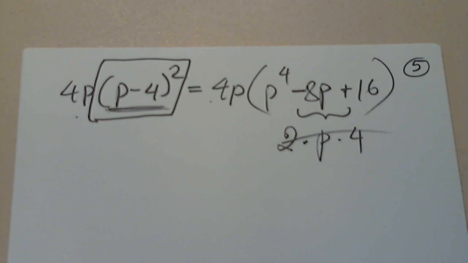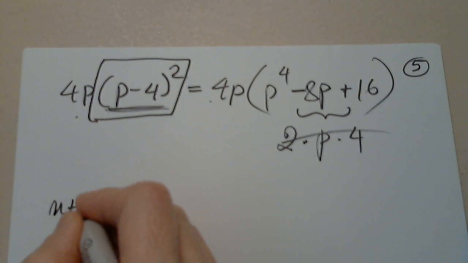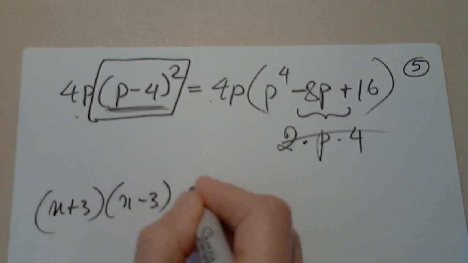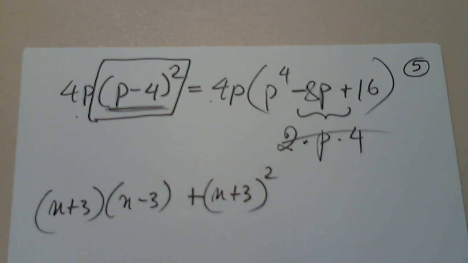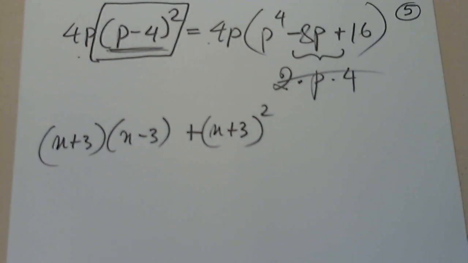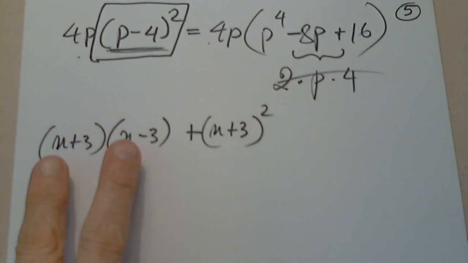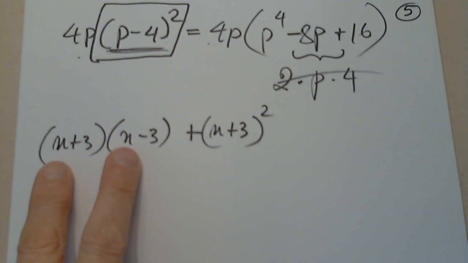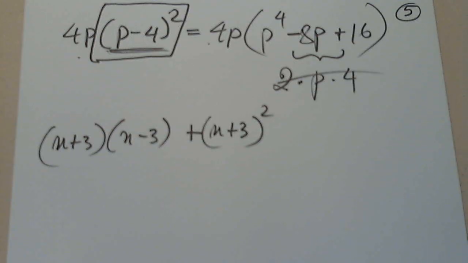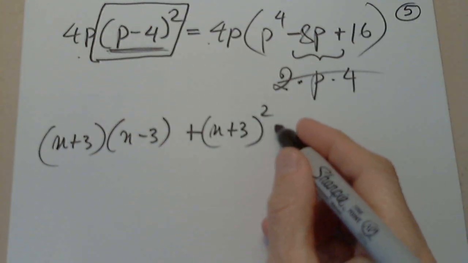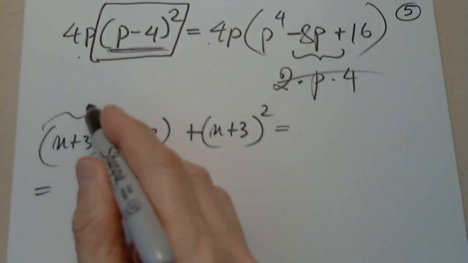Okay. Here's the next problem. (n plus 3) times (n minus 3) plus (n plus 3) squared. If this is a special product, we have to use it. Please do not FOIL. Good. Is this a special product?